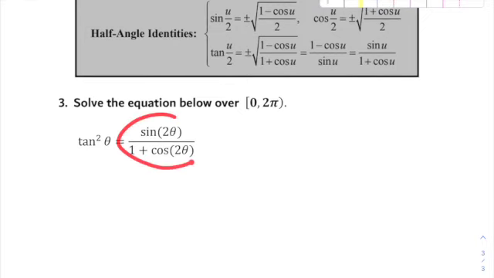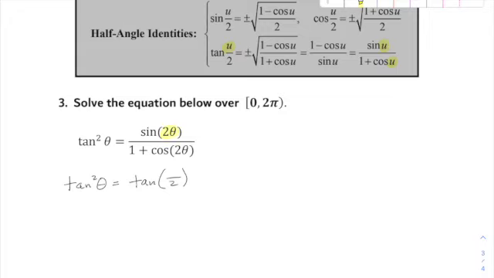But if you recognize that this is just the tangent half angle, we can go back and condense this down. So this is tangent squared of theta is equal to, now just be careful when you do condense this down, this will be tangent of u over 2, right? The u that's here, we get half of it when we put it inside of tangent.